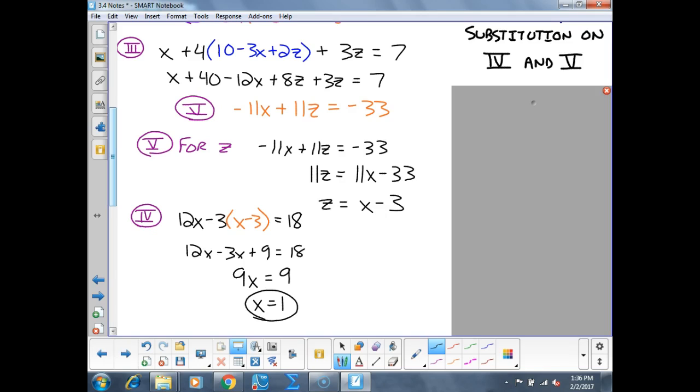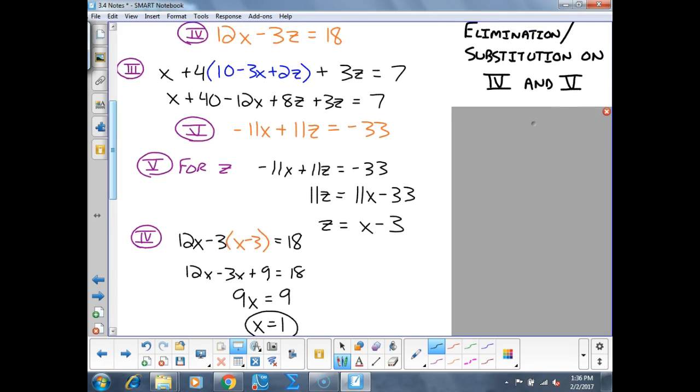So what do I want to do with x equals 1? Put it back in the equation. Which one? 4 or 5? 4? Okay. So if I put it back into equation number 4, then I get 12 minus 3z equals 18.